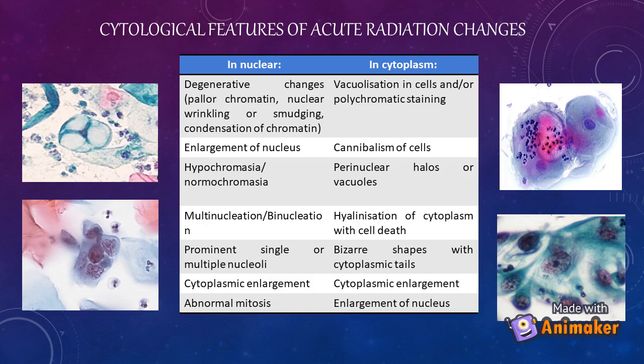In the cytoplasm, we can see vacuolization in cells and or polychromatic staining, cannibalism of cells, perinuclear halos or vacuoles, hyalinization of cytoplasm with cell death, bizarre shapes with cytoplasmic tails, cytoplasmic enlargement, and also enlargement of nucleus.